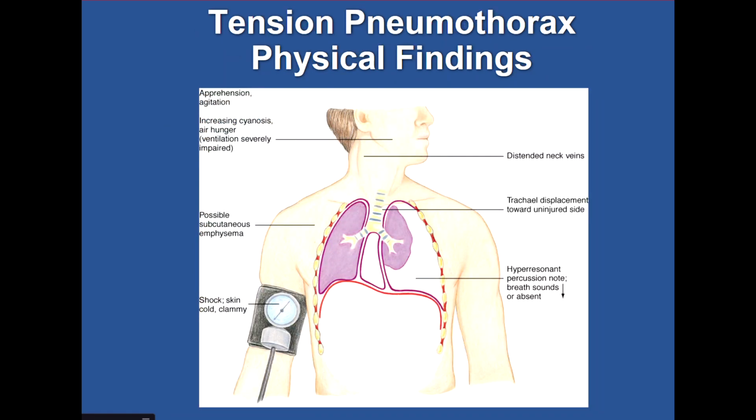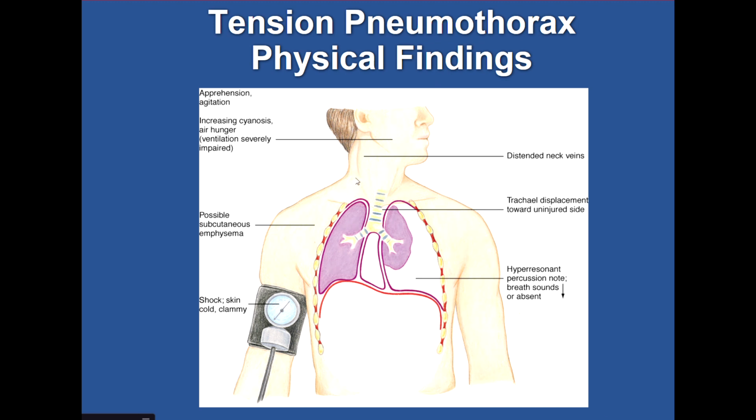Alright, so this just kind of highlights what those issues are. They tend to become a little cyanotic, very anxious. If they're alert and oriented, they become very anxious, restless, and agitated because of that hypoxia. You might see some JVD, and again, that's properly assessed when they're sitting at a 45-degree angle.